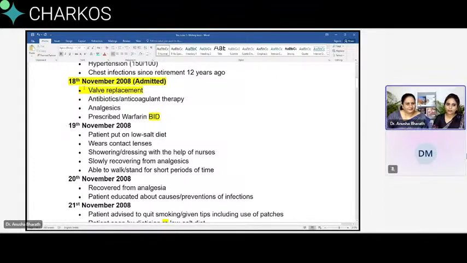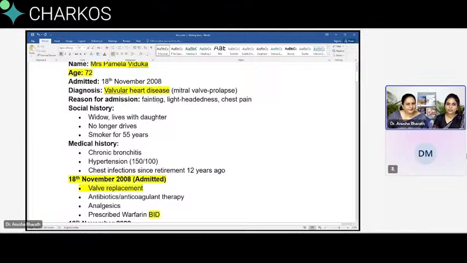So we have the date of admission being 18 November 2008. Then we have to talk about the presenting complaints or symptoms. And here it is. You have reason for admission, which talks about fainting, lightheadedness, chest pain. Yes. So we have 3 factors to be noted in the presenting complaints. That's done. And then we will be talking about the assessment, right?